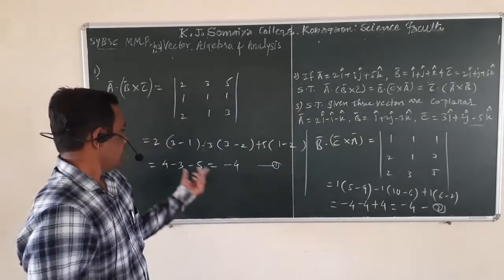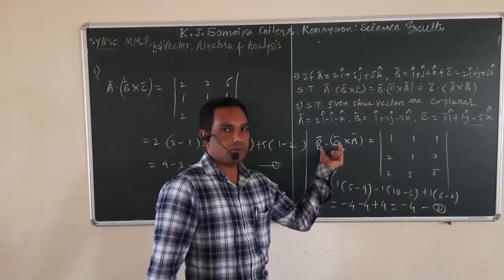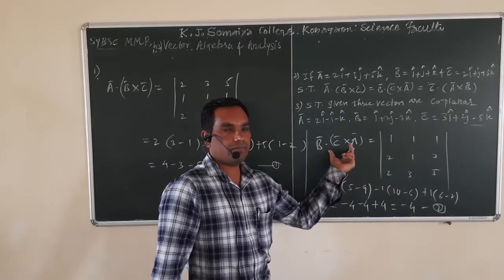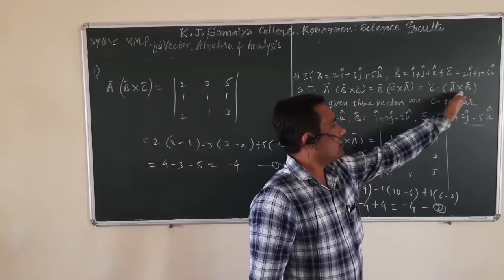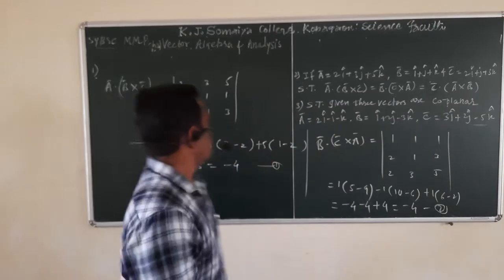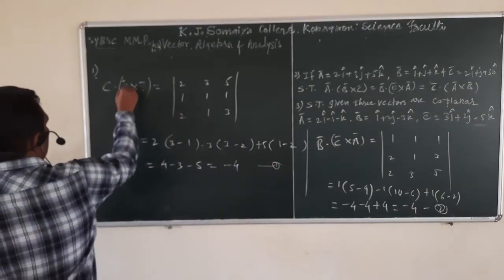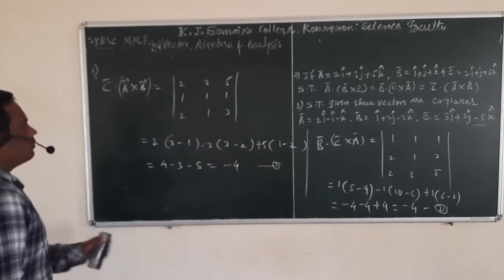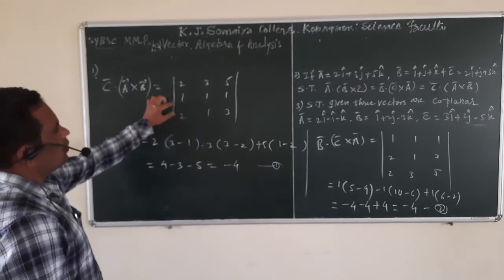So see, here we get minus 4 and here we also get minus 4. So this is B dotted with C cross A. Now we have to find out C dotted with A cross B. So C dotted with A cross B is equal to, now see, we have to take this row to here.